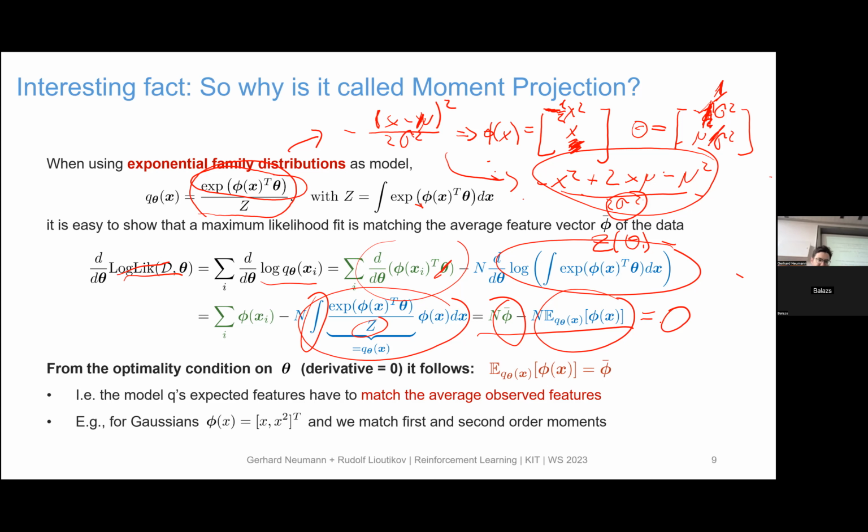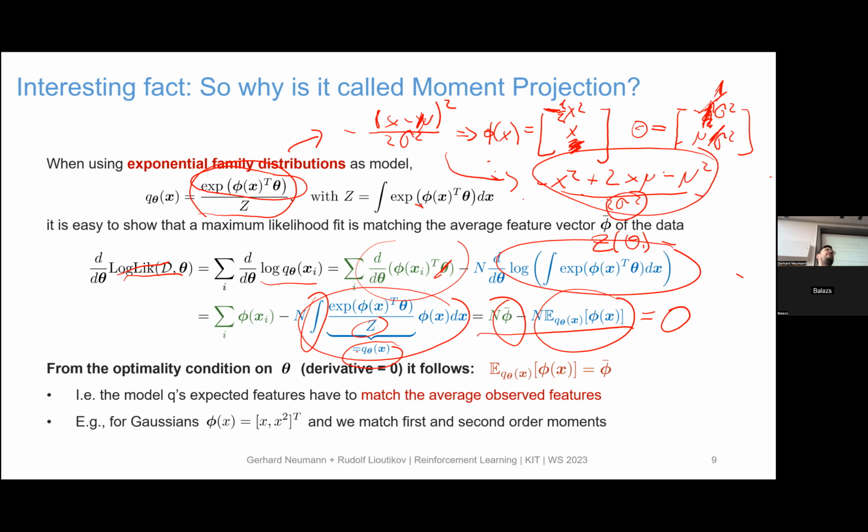We also see that the sum over my features is like a feature average, times n. We didn't divide by n, but it's like a feature average in my data. The second term is also surprisingly simple, because what we see here is nothing more than the expected features of Q. Because exp of phi of x times theta divided by z is exactly Q, that's how we define it.